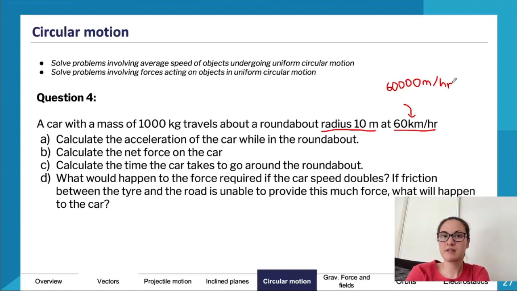There are 60 minutes in an hour, and 60 seconds in a minute, so it's going to be divided by 60 times 60, which is 3,600.